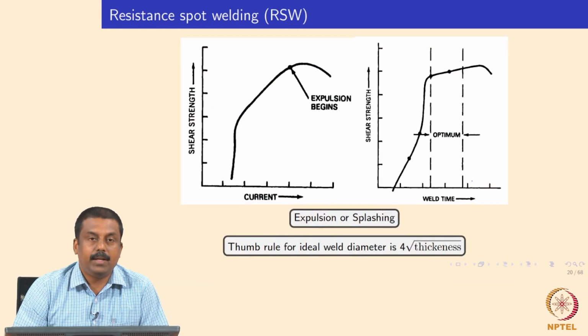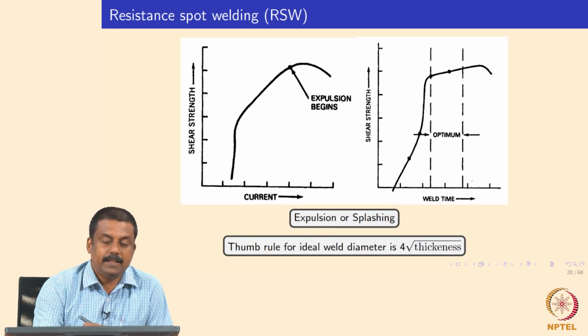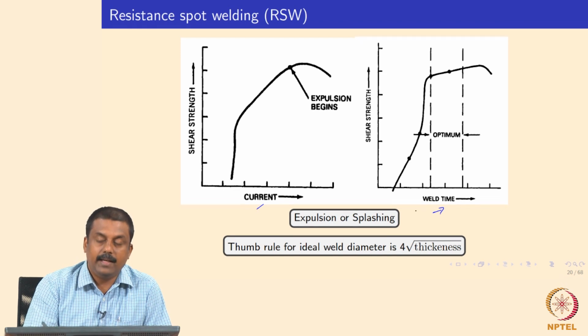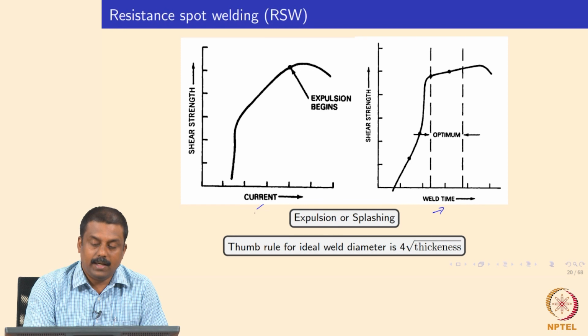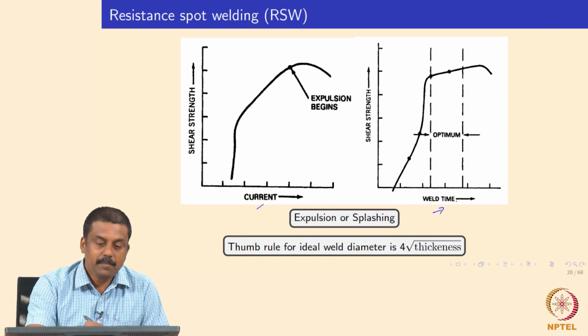So the weld nugget diameter is extremely critical to determine the actual weld properties. For example, in this graph I showed you two values on the x-axis, one is the current and one is welding time. As I already explained, we can generate weld growth curves as a function of varying current at a constant weld time, or by varying weld time with a constant current.